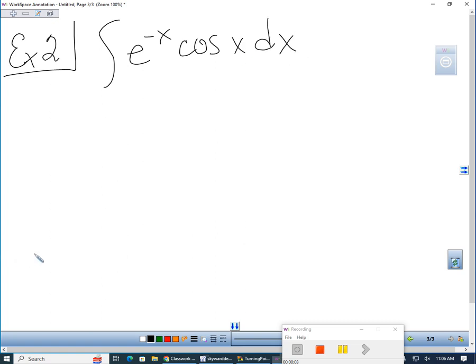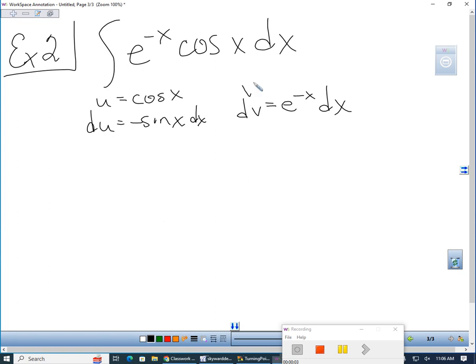All right. So we're going to make my u cosine x and my dv e to the negative x dx. So my du is negative sine x dx, and my v is negative e to the negative x. All right.